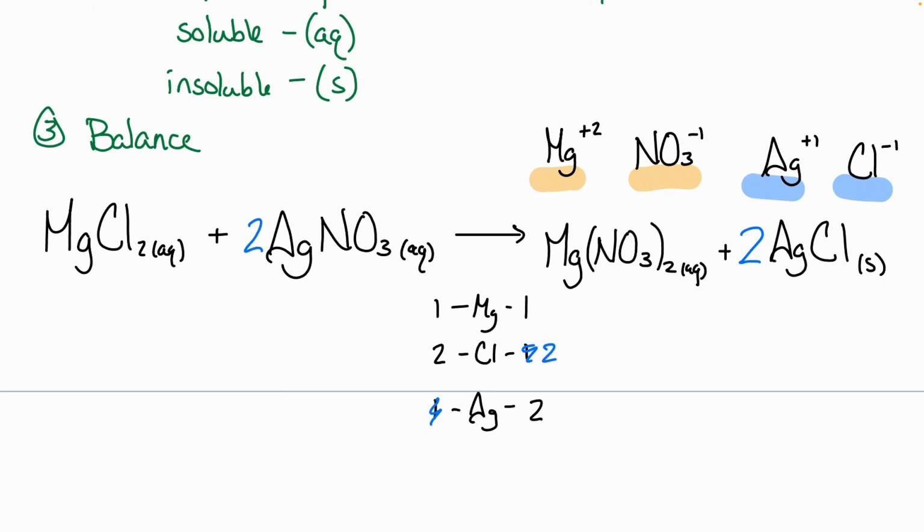All right, for these nitrates, for these polyatomic ions, if you see them on both sides, you don't have to keep track of nitrogens and oxygens individually. You can just keep track of nitrates, and it just makes your life a little bit easier, right? I have a nitrate on one side, a nitrate on the other. Let's just make sure I have the same amount. And indeed, I have 2 on both sides. So here's my balanced chemical equation for this precipitation reaction.